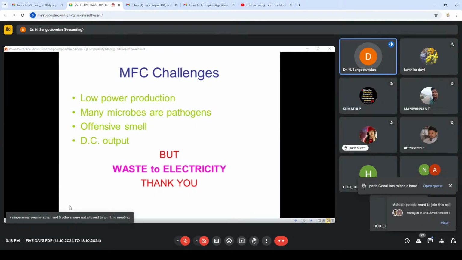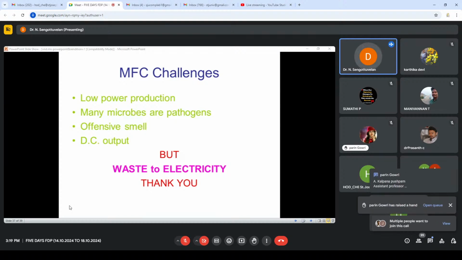An additional load of carbon dioxide has not been added to the environment. So net carbon emission is found to be zero, because the carbon which is present initially in the biomass will be present in the output. So there is a carbon balance definitely in microbial fuel cells. That is the most important thing.